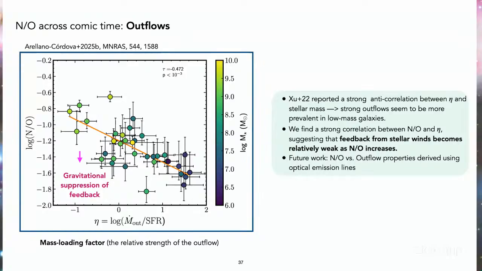Because if the outflow is removing the gas, the oxygen, we still feel the AGB stars, they can be produced because at the end these are very evolved galaxies. Yes. Massive. And we still have this contribution from these stars.